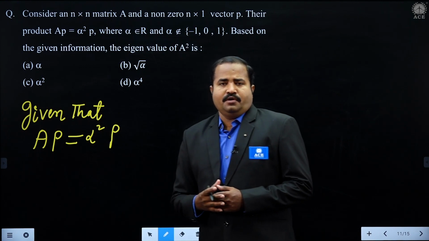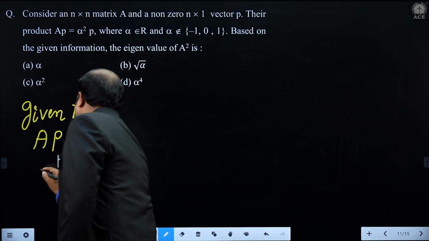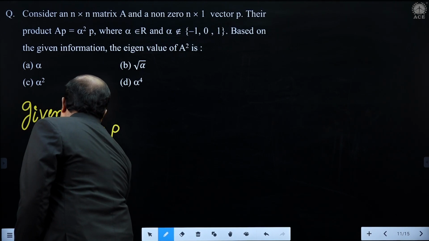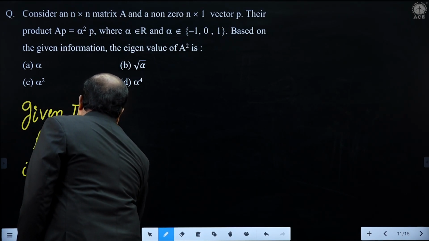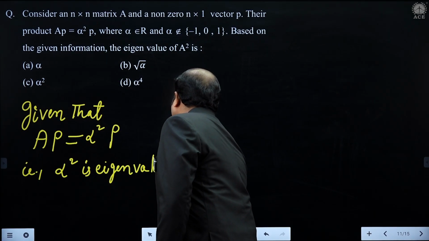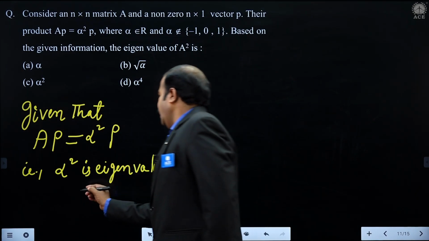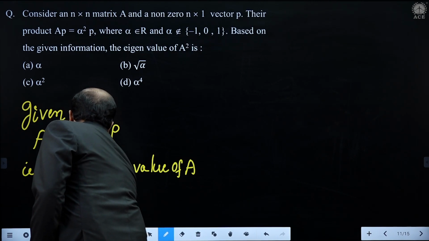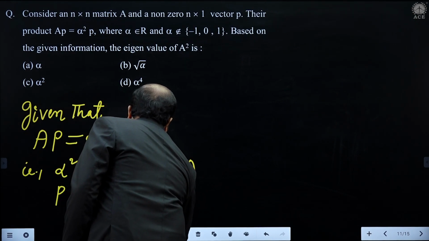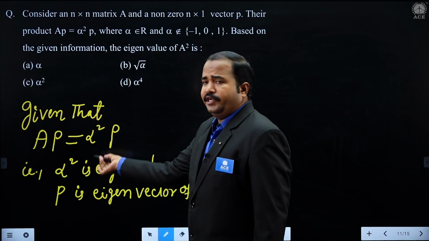We know the definition of eigenvalue and eigenvectors. By the definition, it's very clear that alpha square is the eigenvalue of the matrix A, and clearly P is the eigenvector of A corresponding to that eigenvalue.